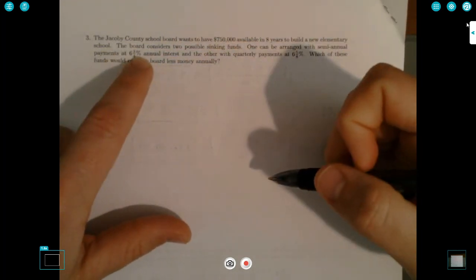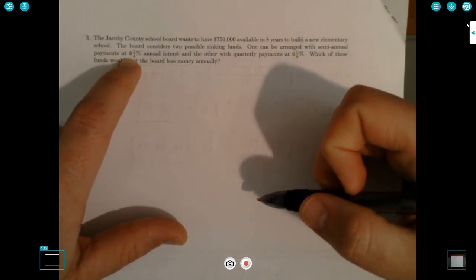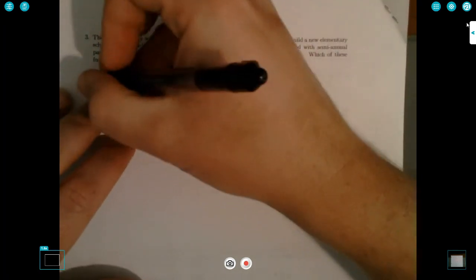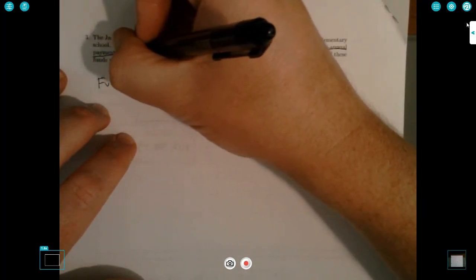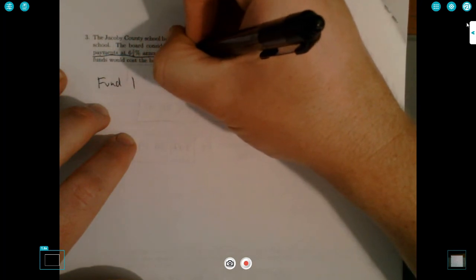Okay. So this one, it would really be 6.75, right? So the semi-annual payments at 6.75% annual interest, I'm going to call that Fund 1.